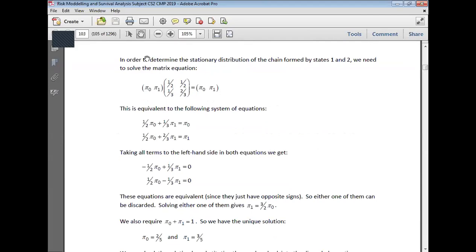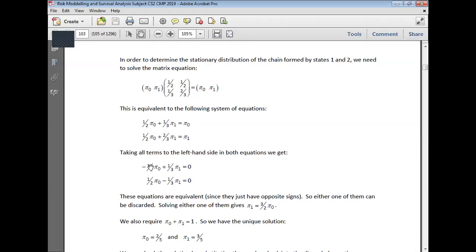Here you can clearly see that you will be multiplying this with this, and then this with that, and equating it to this and this. So a half of pi 0 and a half of pi 1, and 1 by 3 of pi 1 is going to be equal to pi 0, and similarly for this.